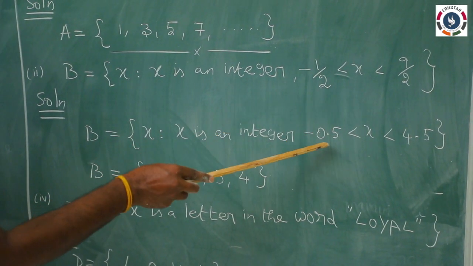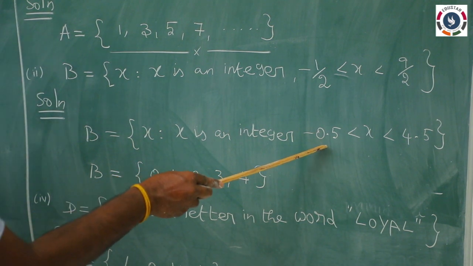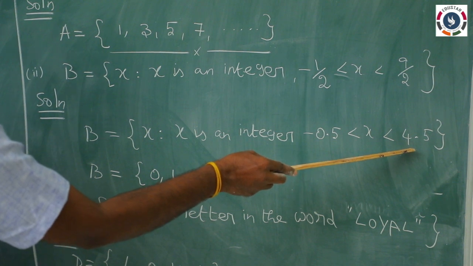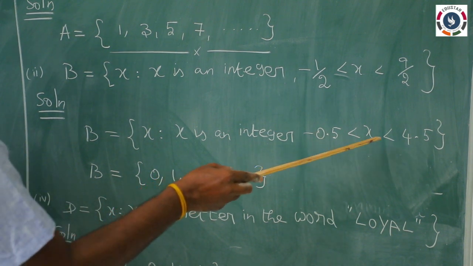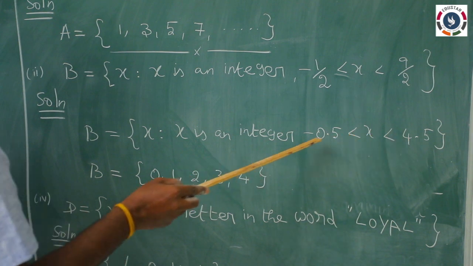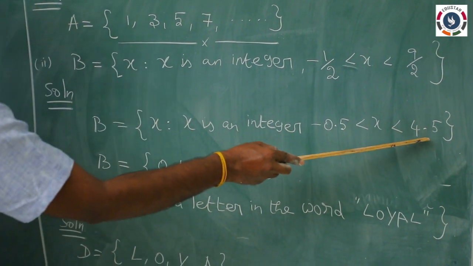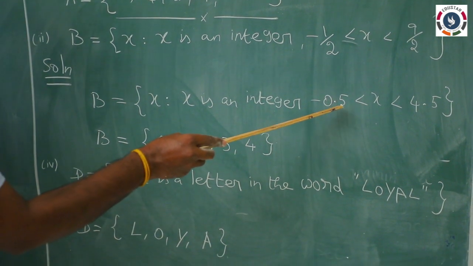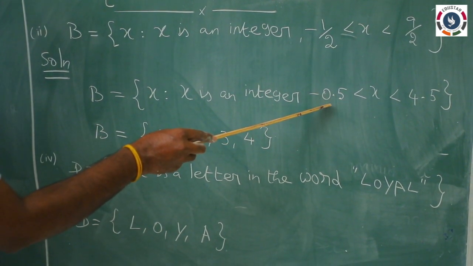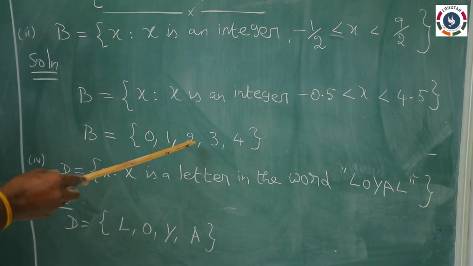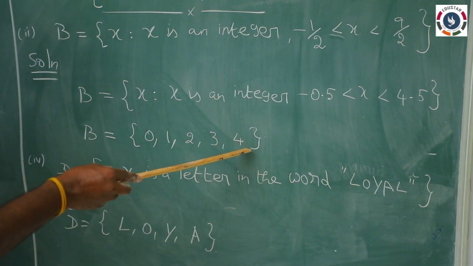This minus 1 by 2 is written as minus 0.5, and this 9 by 2 is written as 4.5. The integer values lie between minus 0.5 and 4.5. After minus 0.5, the next integers are 0, 1, 2, 3, 4.